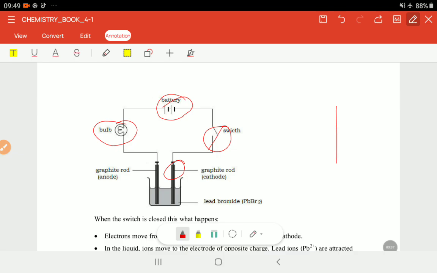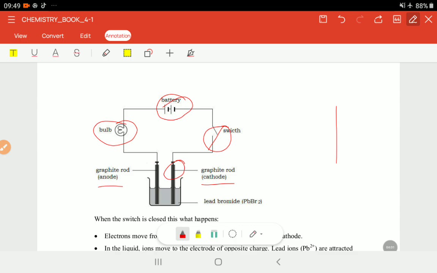They are immersed in this electrolyte. So we're using these graphite rods connected to those terminals, and if it is connected to the negative side, that's a cathode, but if it is connected to the positive terminal, it's called an anode, right?